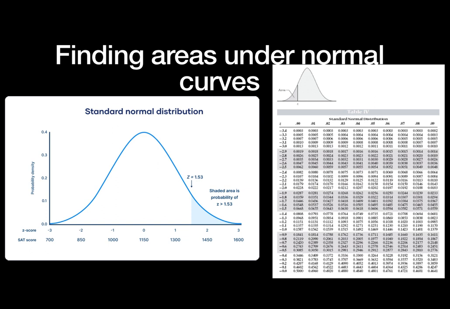But if the mean was 1150, that means the mean of a z-score is 0. Why? Z equals x minus mu over sigma. If my x value is 1150, I would go 1150 minus the average, and the average was 1150. So I'm going to have 0 over sigma, so the mean is also a z-score of 0.